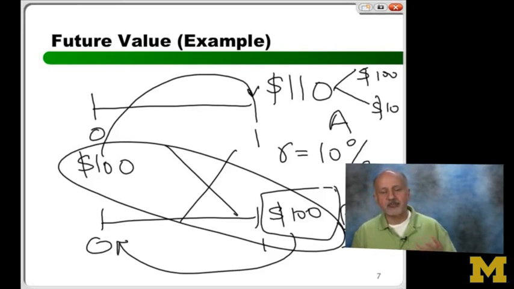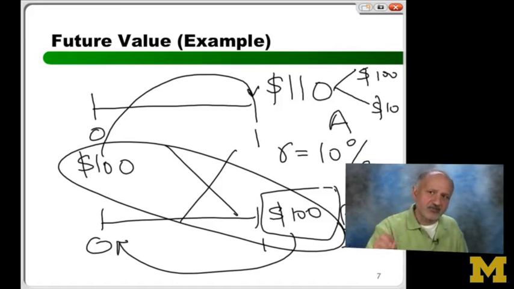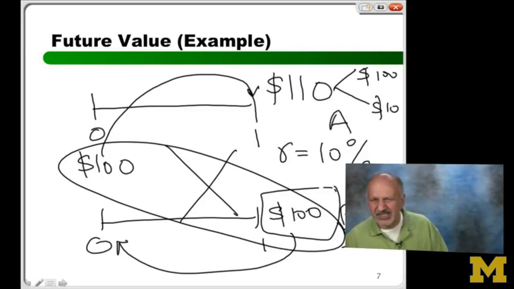As I promised you, I'm not going to throw a formula at you until you've had some sense of where I'm going. Hopefully the simple example has motivated you to try to understand future value a little bit better.